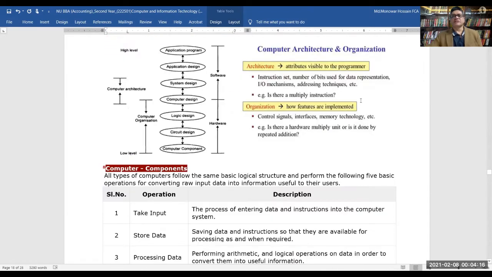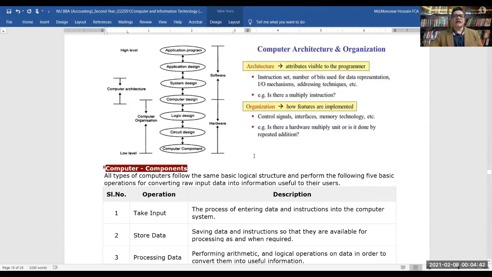Look here, computer architecture refers to the attributes visible to the programmer, and organization refers to how features are implemented. That means control signals, interfaces, memory technology, etc. For example, if there is a hardware multiplier, or it is done by repeated addition.